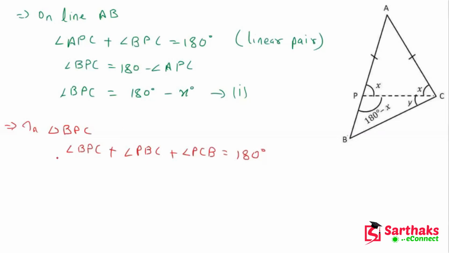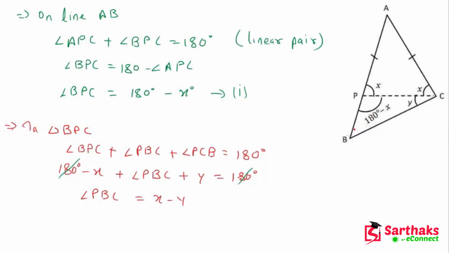Angle BPC is 180 degrees minus x, plus angle PBC, which we don't know yet, plus y degree, which we assumed for angle PCB, equals 180 degrees. So angle PBC will become x minus y, as the 180 degrees cancel.